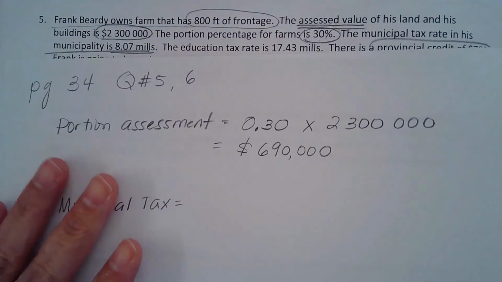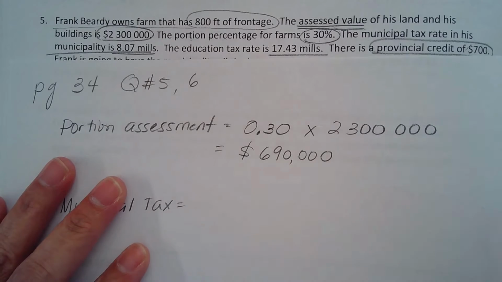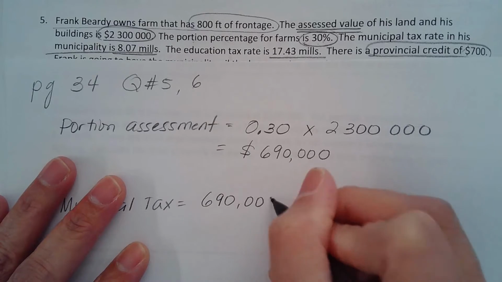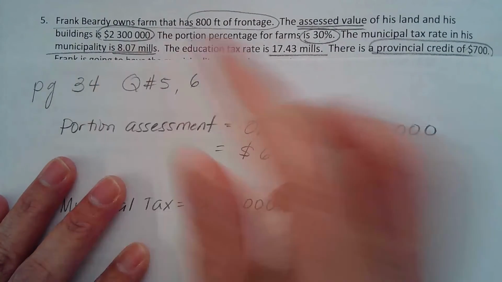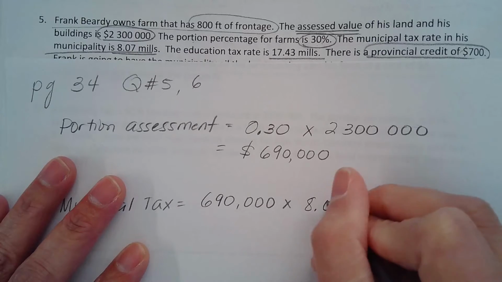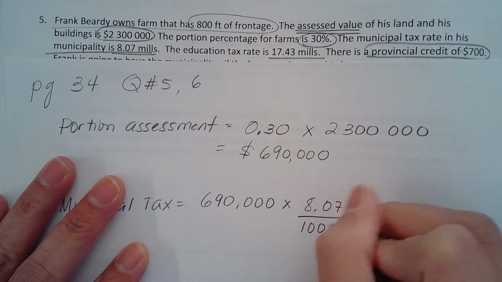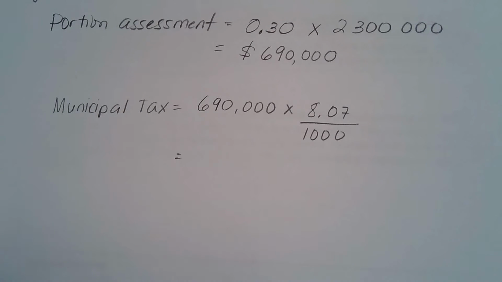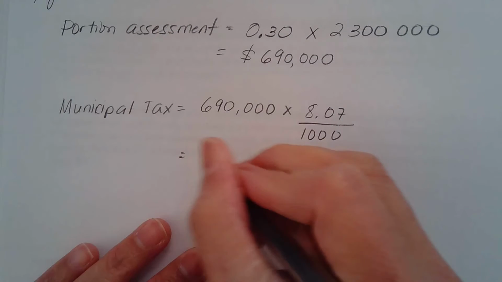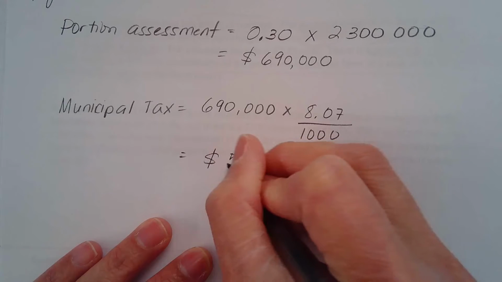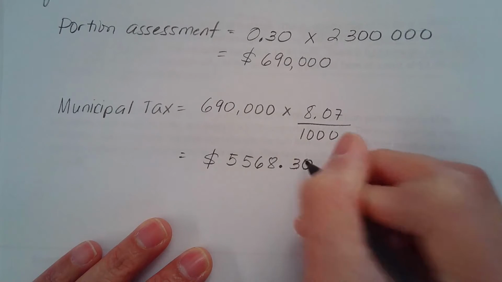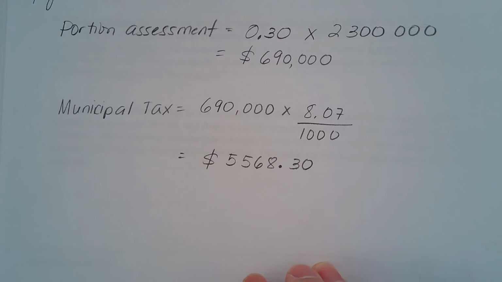So municipal tax is portion assessment, which is 690,000, times the mill rate of 8.07 per 1,000. Let's do the math there: times 8.07 divided by 1,000. That is going to cost them $5,568.30. Okay, so far so good.